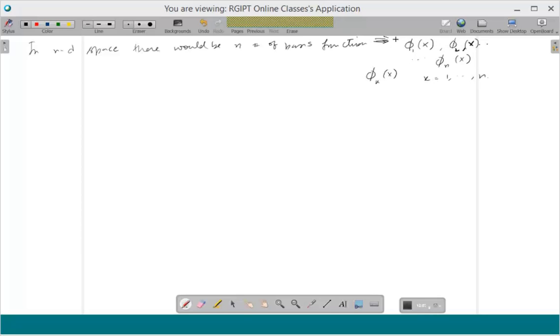All right. So I'll just give you one very simple example. Suppose I have a function that may look like something like this, some arbitrary function.